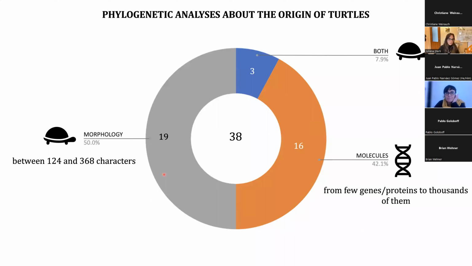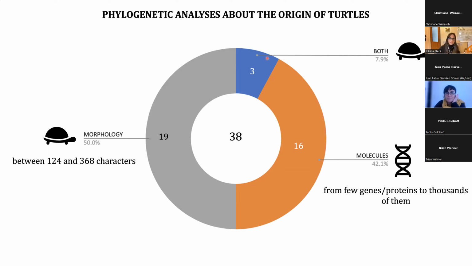So if we analyze at least the main papers about the origin of turtles, we can see that 50% is based on morphological phylogenetic analysis, where maybe the character sampling is not so big. And then we have around 42% of the papers coming from the analysis of molecular phylogenies with few genes and few proteins. But okay, there are exceptions, some papers with thousands of them.